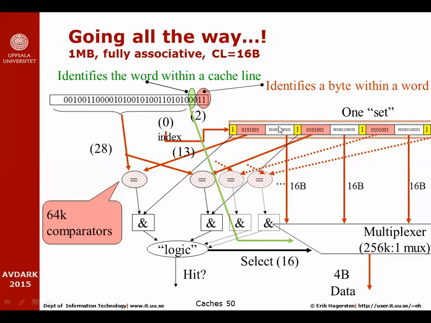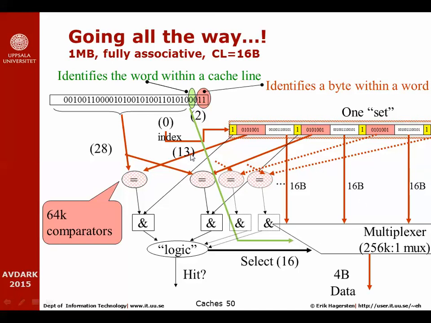That means that you will actually need 64K comparators as well. You would need to read out 64K address tags and so on. And this very wide logic has to produce a select signal with 16 select bits, because you will need to do a 64K selection, as well as these 2 extra bits to read the right word from the cache line.